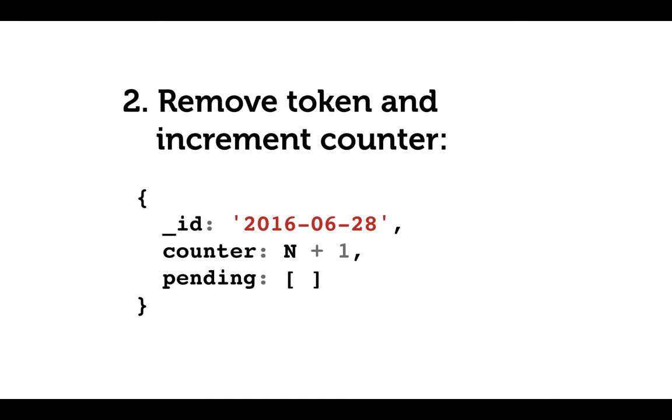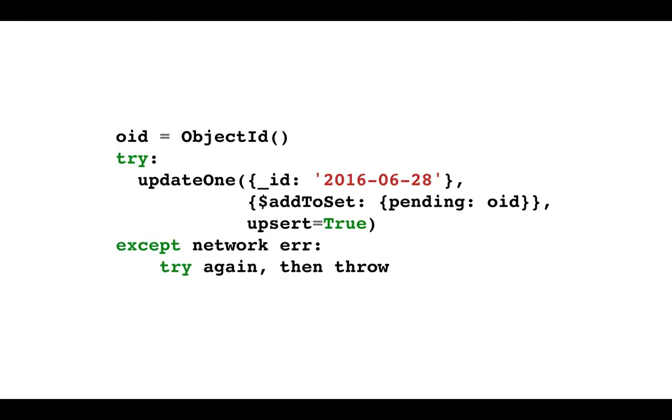So now we're ready to look at some code. The first step is going to be, we're going to generate that unique token. We'll find the document by its ID, and we'll use $addToSet to add that token to the pending array. And $addToSet is one of the idempotent operators.